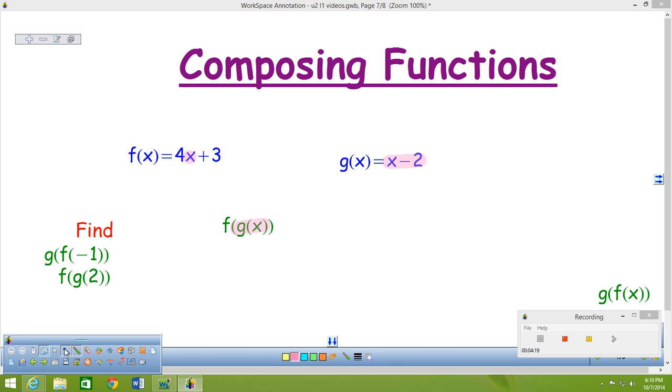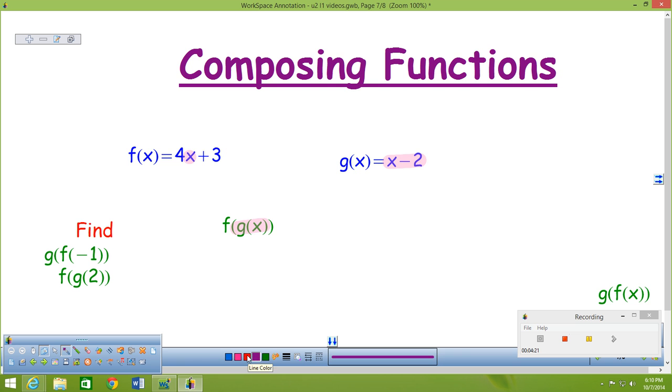This is what that'll look like. I'll have this 4 from the f function, so 4 times. This x comes out, and x minus 2 goes in its place. And then I still have that plus 3.